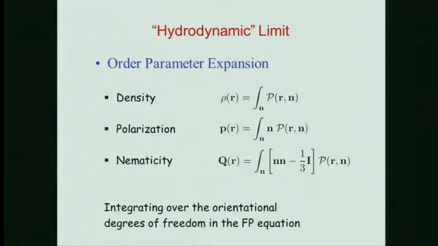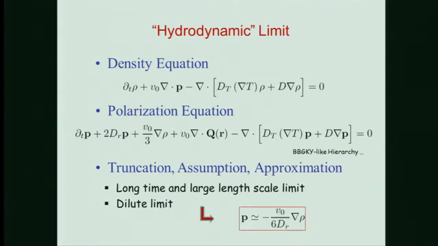Okay. So then there's a fairly straightforward way to basically take the hydrodynamic limit of these equations and describe the main slow variables for the density, for the polarization field, nematic order parameter, and so on. And then you get a hierarchy of equations which you need to somehow stop, and you basically approximate and truncate and so on.